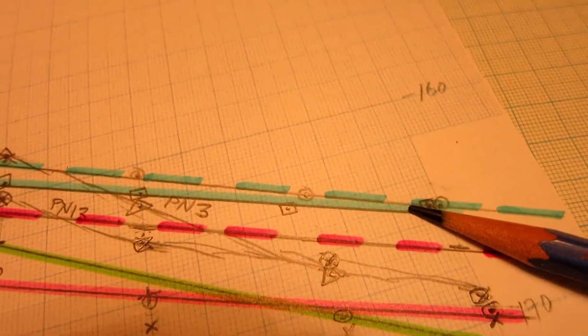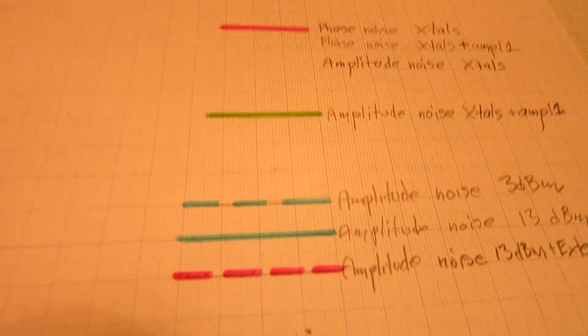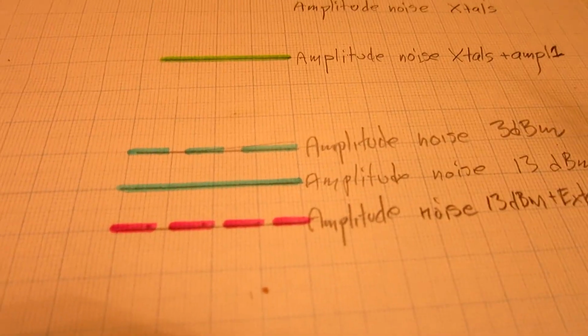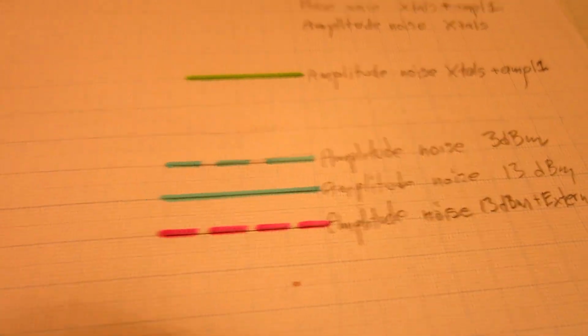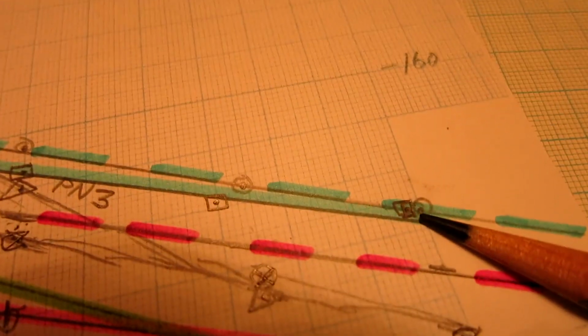Although at 200 Hertz the difference is small. Now, adding this extra clipper, which doesn't clip much, improves by 3 or 4 dB here and by 3 dB here.